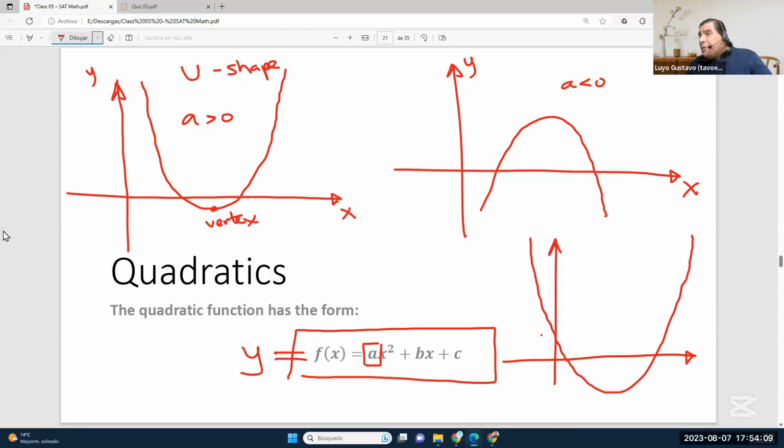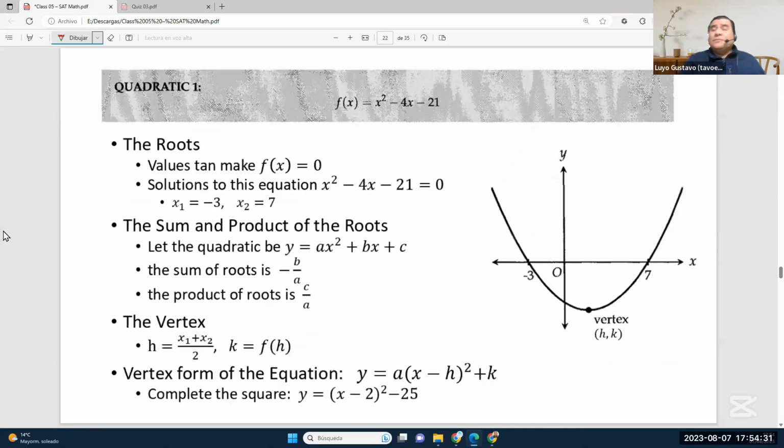If you have this parabola, this point here exactly has as vertical coordinate the value of C, always, okay? Now, what other relationships exist? Let's see several examples with different forms of the quadratic curve, and we'll discuss important information about this function.